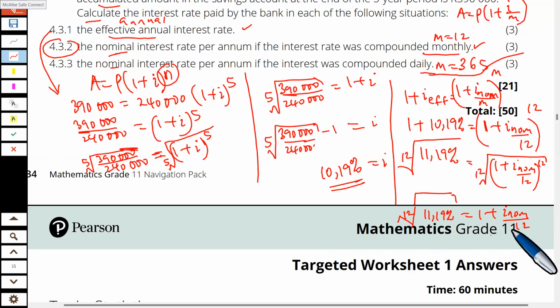Right, so you minus 1 and then multiply by 12. Okay, minus 1, then you multiply by 12. Is I nominal? Okay, because you need the nominal rate. And then you can just get the answer.